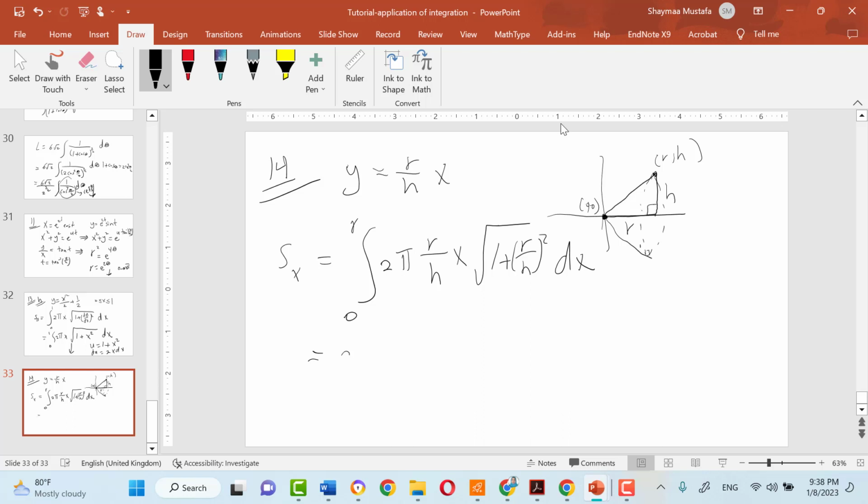So this one, 2 pi R over h, square root of 1 plus (R over h) square. All of this is constant, so you have to integrate only x, which is x square over 2 from 0 to h. So with this one, you have pi, R, and then h square.